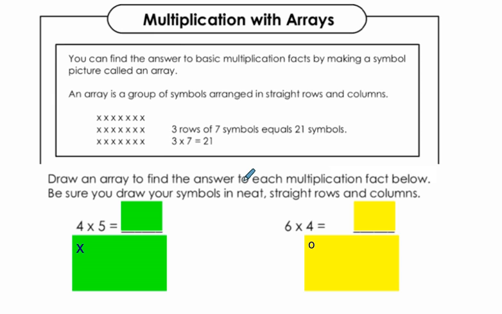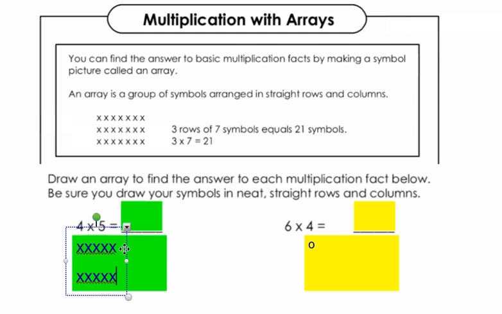Okay, for this one, they want you to actually draw an array. You'll be typing it in, of course. So here it's 4 times 5 equals. There's a spot for the answer, and down here is a spot for you to type your array. So 4 rows of 5. So for this one, I'm using X's. So there's 1, 2, 3, 4, yeah, there's 1 row of 5.